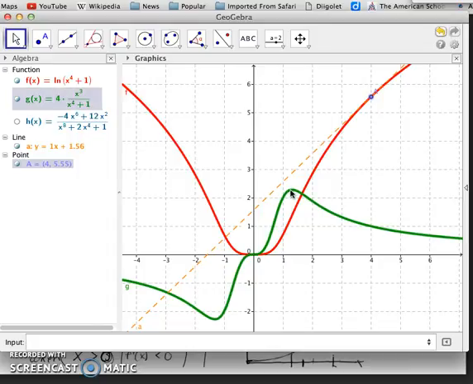So it looks like right around here, I'm going from concave up to concave down. So I'm still positive slope, but this is where I'm going to have my maximum slope. Still have a positive slope, but that slope is decreasing.